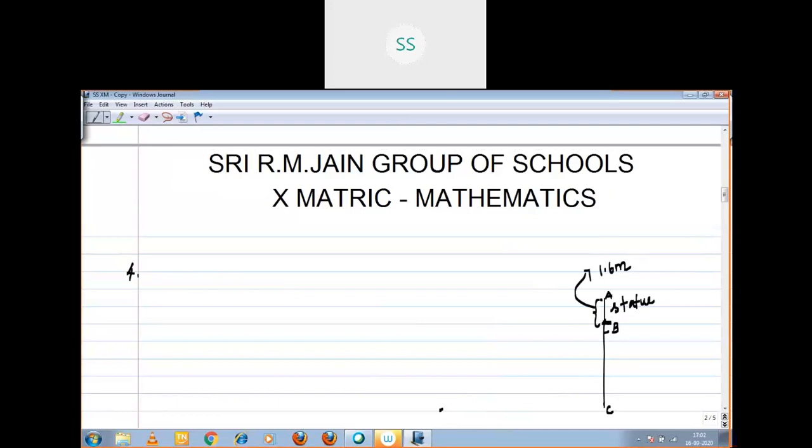Now from the point, this is your D, the top of the statue is at 60 degrees. This is your horizontal line. Then from the same point, you see the bottom of the statue, that is 40 degrees. Right, children?